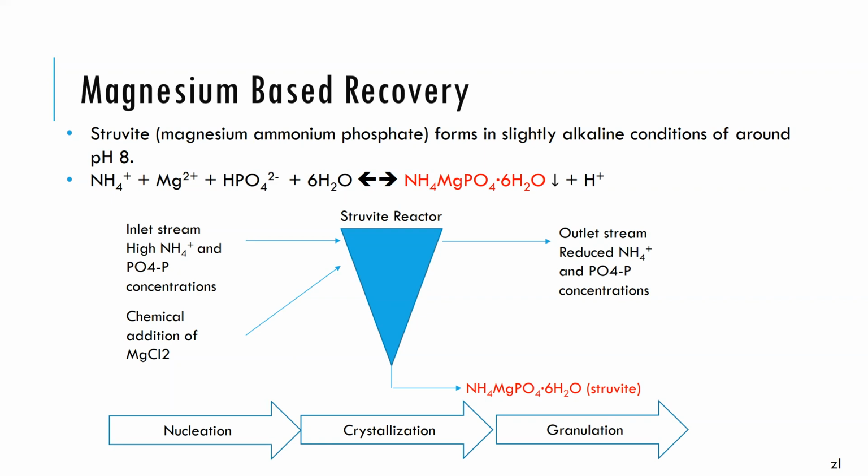The important chemical conditions include a high concentration of ammonia and a relatively high concentration of phosphate in the stream. In addition to that, we need a fairly good amount of magnesium to facilitate the nucleation, crystallization, and granulation of the struvite in a certain type of reactor. Next slide, please.